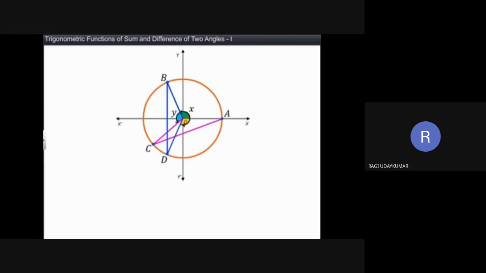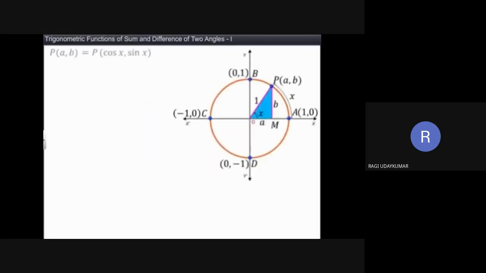And whenever you take it in the anti-clockwise direction from the x-axis onwards, AOD, the measure equal to the y angle, how much you have taken, in the same angle measure you have to take in the clockwise direction. So when you take it in a clockwise direction, the angle will be measured as minus y.